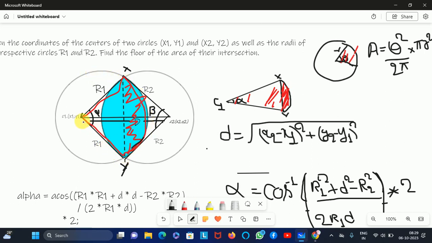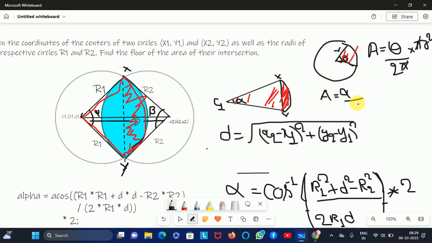So the formula of this whole sector, if you remove this, is alpha, sorry, not a square, this is only the theta angle, sorry.